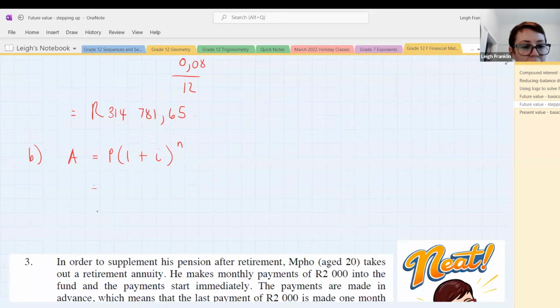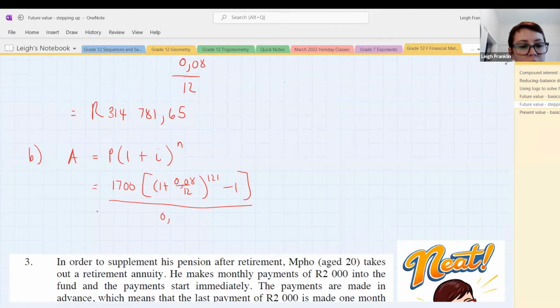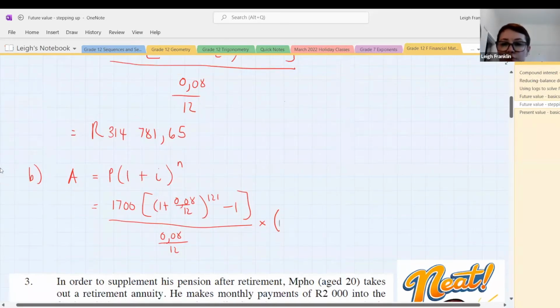So now we're going to replace P with 1,700 times 1 plus 0,08 over 12 to the power of 121 minus 1, all over 0,08 over 12. And we now need to multiply that by our new bracket, our new interest rate.